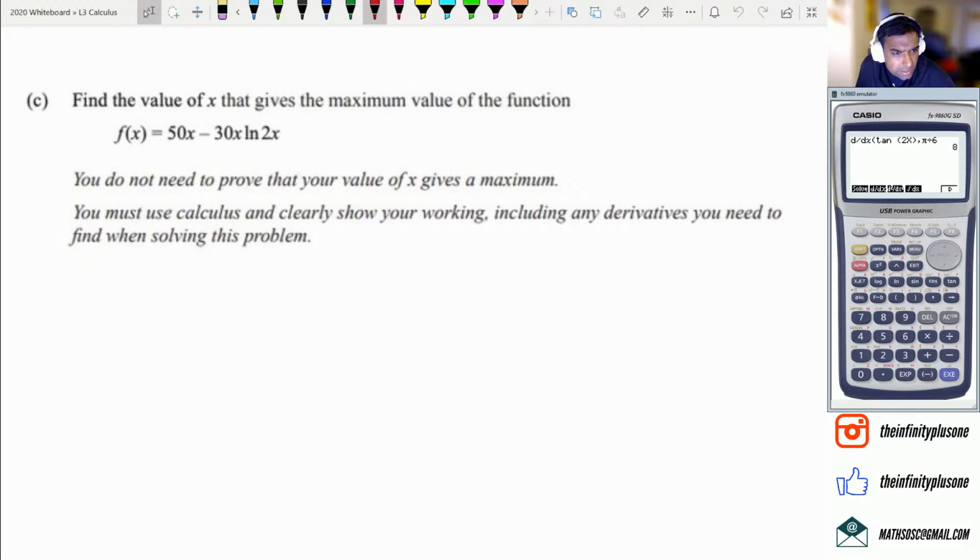Thinking b minus x. How the hell is that possible? How? Two x plus b.